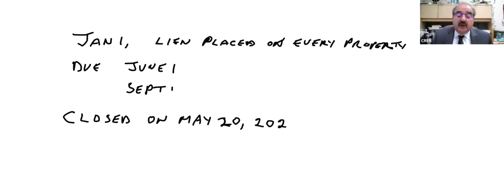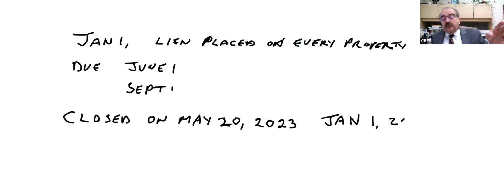First question, when was the lien placed on this property? The answer is January 1st, 2023. You buy a property on January 1st, 2023 or December 31st, 2023. The lien was placed on January 1st, 2023. Now, when are the taxes due on this property?